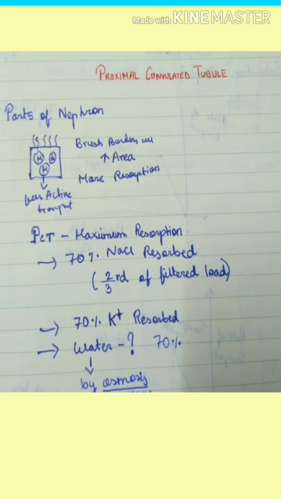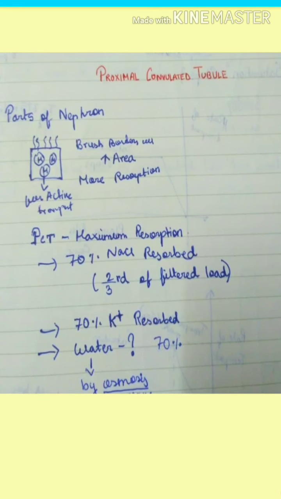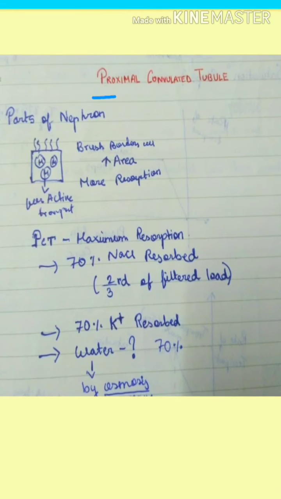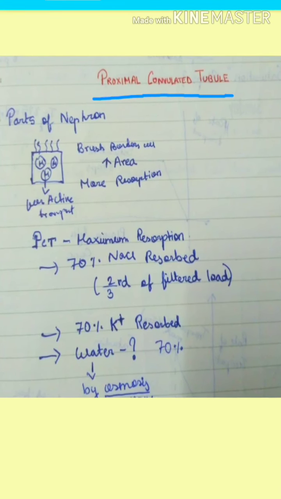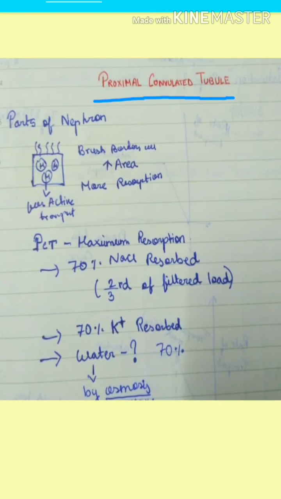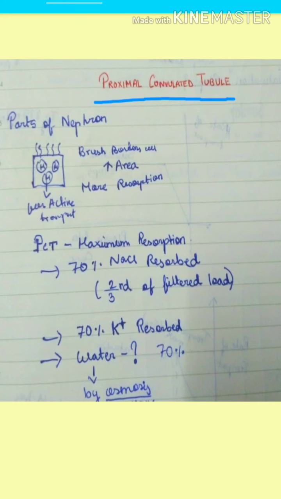Today we will start with renal physiology, and our first topic will be PCT, that is the proximal convoluted tubule. As all of you can see, I have drawn here a single PCT cell.